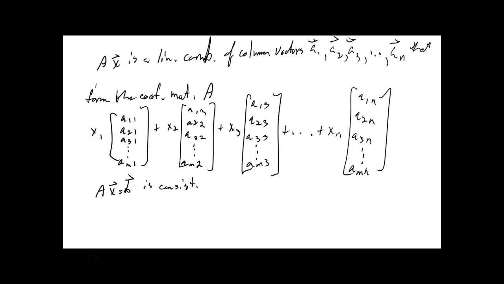Okay, it may have more than one, but it has at least one solution, if and only if B, this vector B, can be expressed as such a linear combination. Now that's one symbol for if and only if. Another one is IFF, or you can write it out.